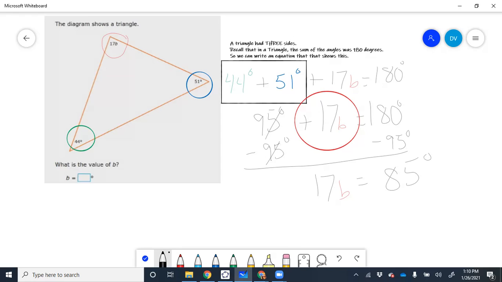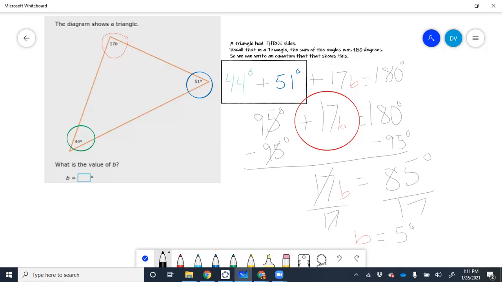And so I have multiplied 17 times B. If I multiplied by 17, then what you want to do is divide both sides by 17. And when you do that, 85 divided by 17 is going to give us 5. Now that's our 5 degrees.